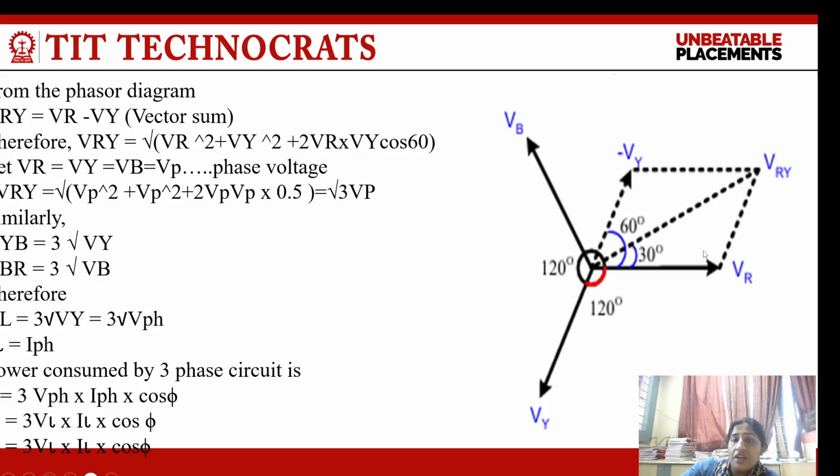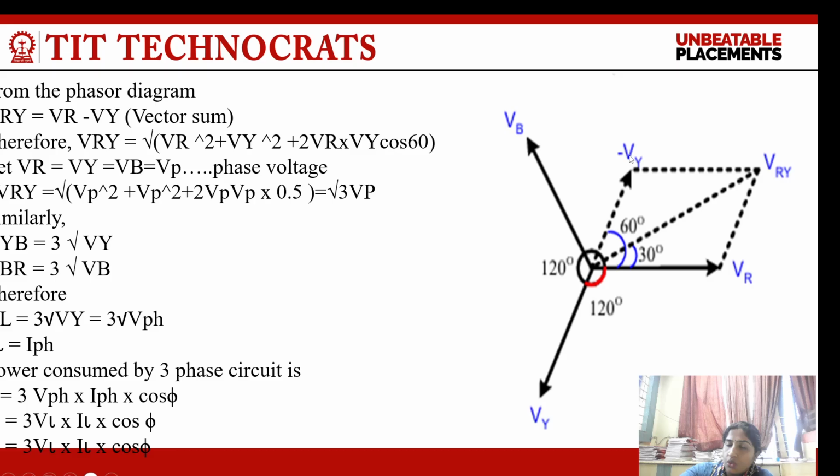Now consider any negative vector, that is the negative part of phase voltage Vy, and the positive of Vr. We can find out the resultant using vector analysis. And how are we going to do this? By using the parallelogram rule.